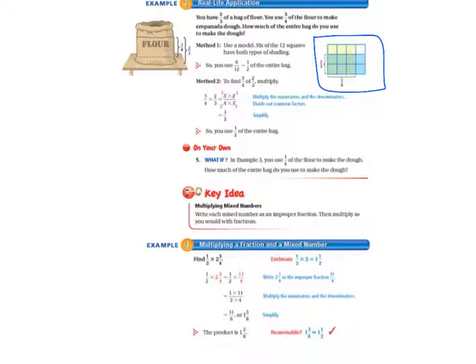So you use 6/12, which equals 1/2 of the entire bag. Method 2, to find 3/4 of 2/3, we multiply. And so when we multiply the numerators and the denominators and we divide the common factors, we get 1/2. So we use 1/2 of the entire bag.